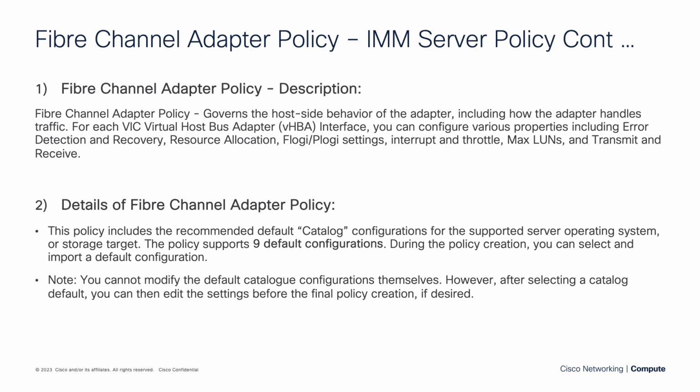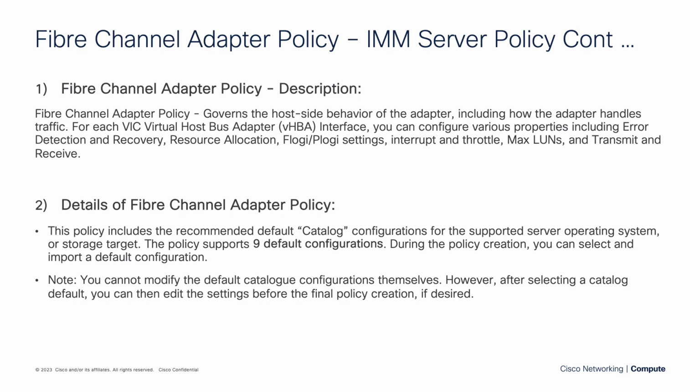It handles things including error detection and recovery, how you allocate resources, your Fabric logins, port login settings, interrupts, throttle, and many parameters. It would in fact be daunting if you had to build that out from scratch.